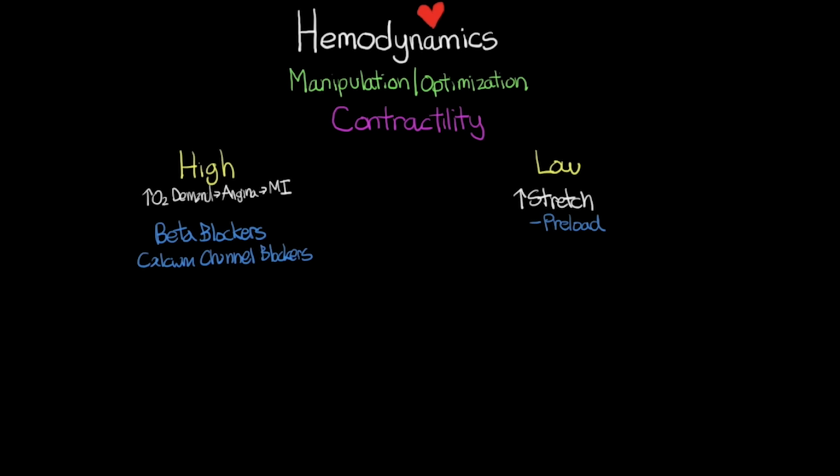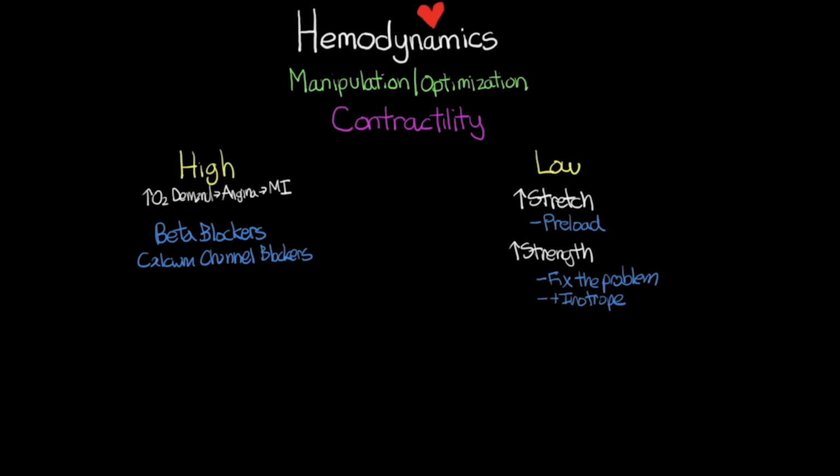Another thing we can do is increase strength. And the first way that we can do this is really just fix the problem. So whether it's hypoxia, hypercapnia, electrolyte imbalance, fix that, and that will in turn improve your contractility. The other option is you can use a positive inotrope.